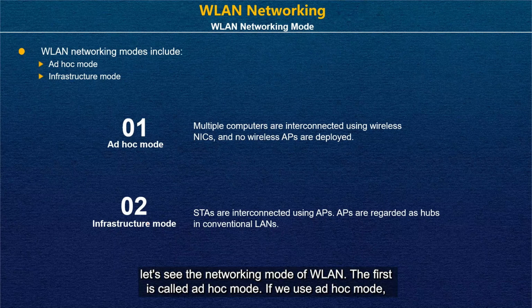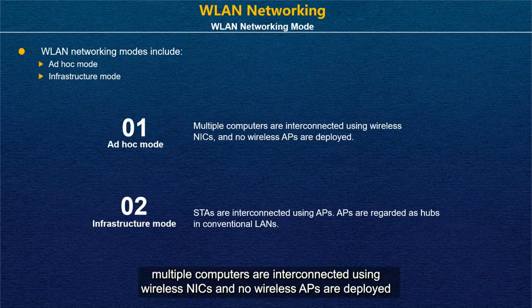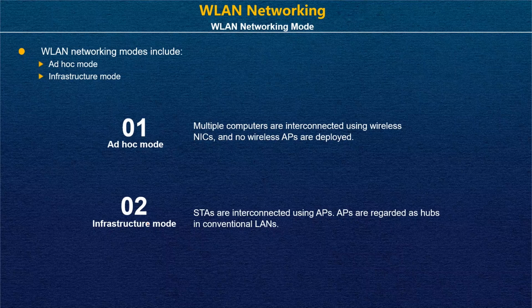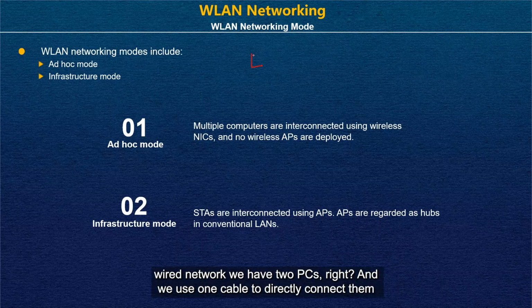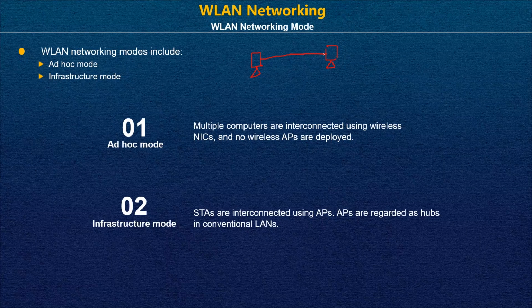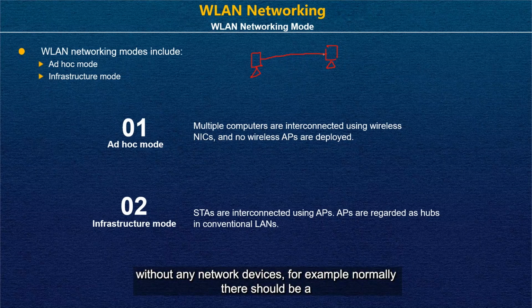The first is called the ad hoc mode. If we use ad hoc mode, multiple computers are interconnected using wireless NICs, and no wireless APs are deployed. You can think of the ad hoc mode like this: in a wired network, we have two PCs, and we use one cable to directly connect them without any network devices.